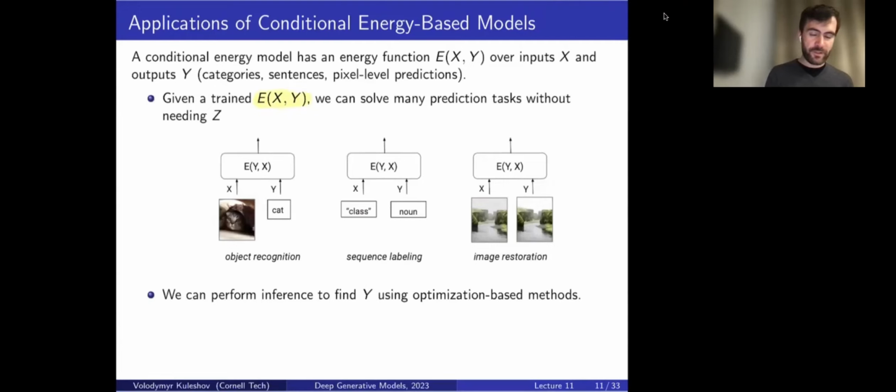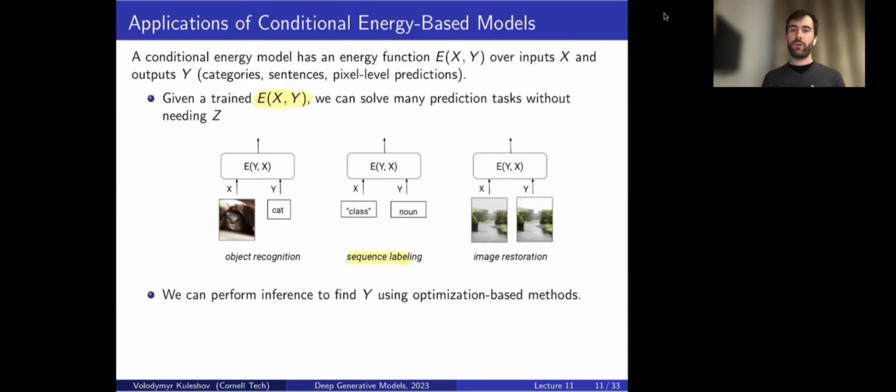We can solve these tasks by simply optimizing the energy, which is a measure of how good of a fit there is between an x and a y. And we could optimize the energy over y for a fixed x. Imagine we wanted to find the most likely set of labels, the most likely set of part of speech tags for a sentence. So we want to classify each word as either a noun or an adjective or a verb.